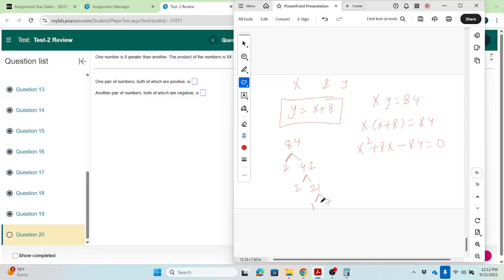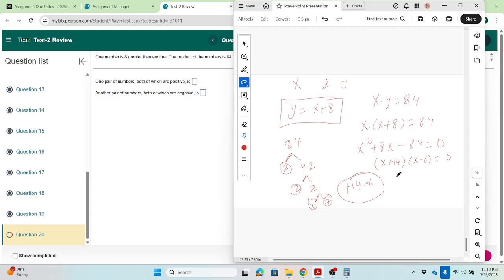So 7 times 2 is 14, 3 times 2 is 6. These are the two factors of negative 84: if you multiply 14 and negative 6, that gives you negative 84, and if you add them, that gives you positive 8. So the factors would be x plus 14 and x minus 6.